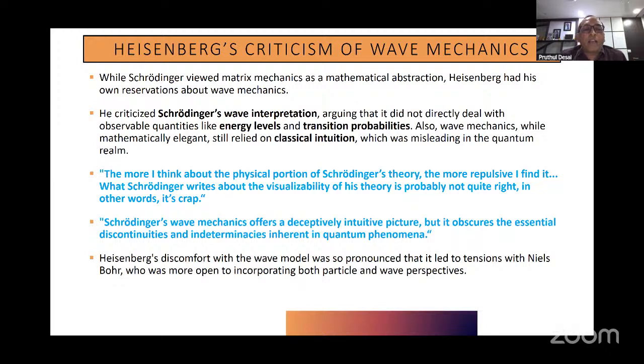That also made Heisenberg unhappy with Pauli, as he felt that Pauli had switched sides from an ardent supporter of matrix mechanics to wave mechanics. But ultimately, we know that both the theories give the same answers, and the results predicted by both are the same.